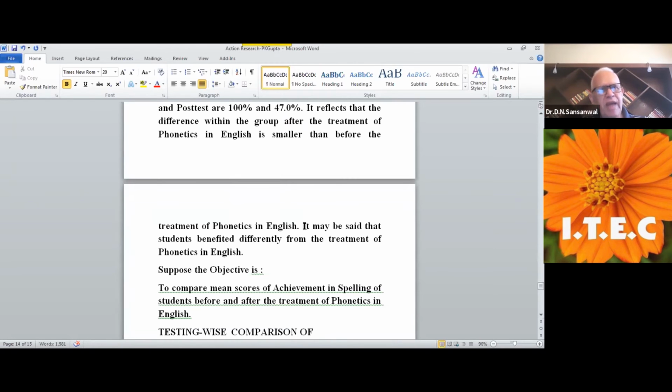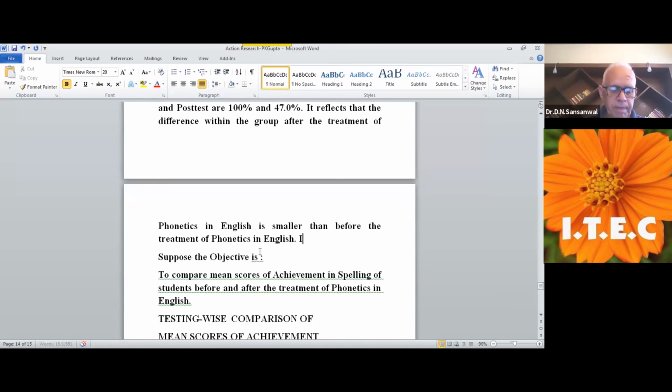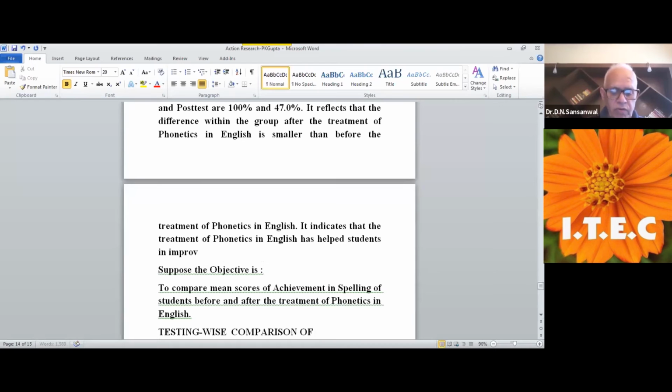So it indicates that the treatment of phonetics has helped students in improving their spellings in English.